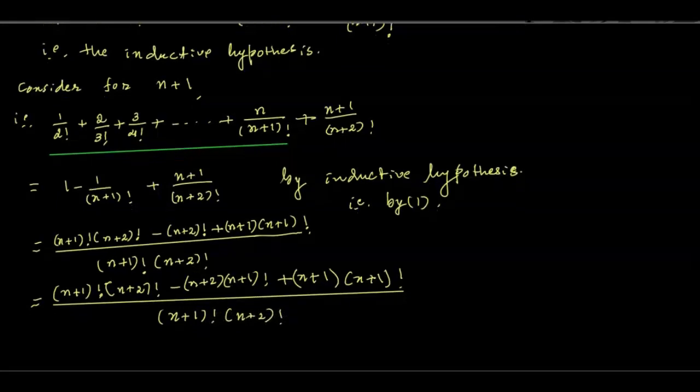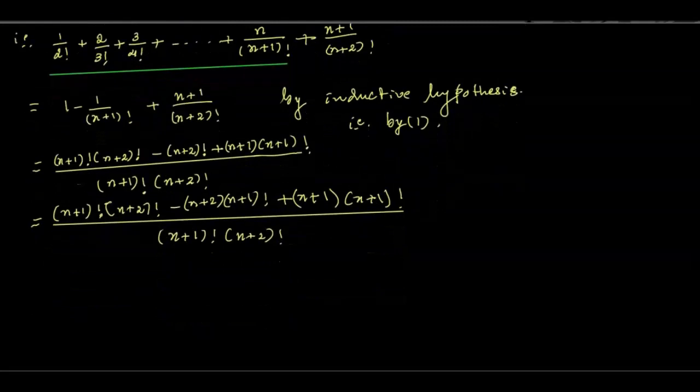Now you can see there are three terms in the numerator, and out of these three terms, (n+1)! is a common factor.